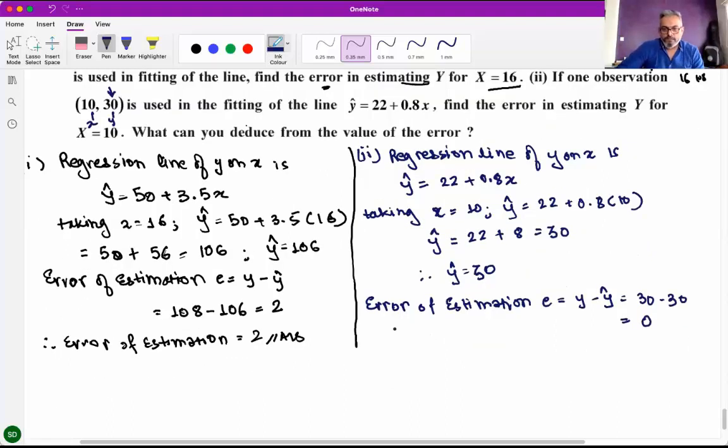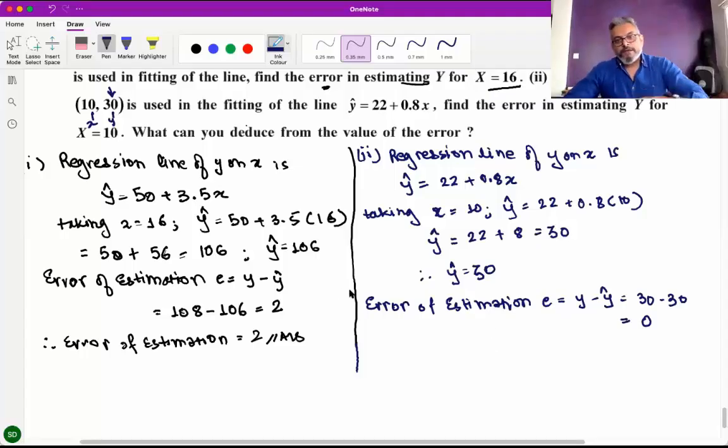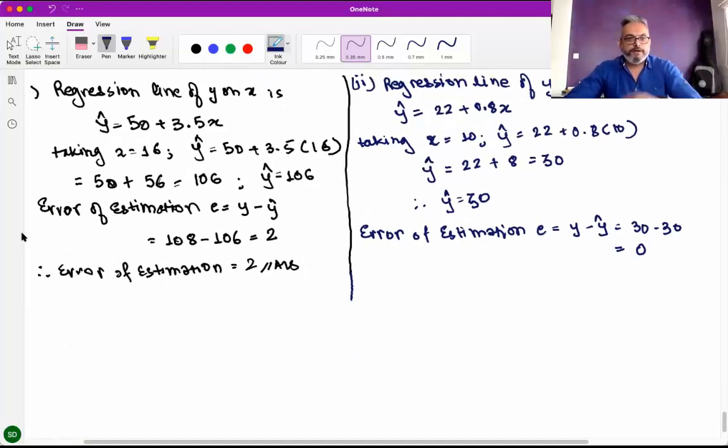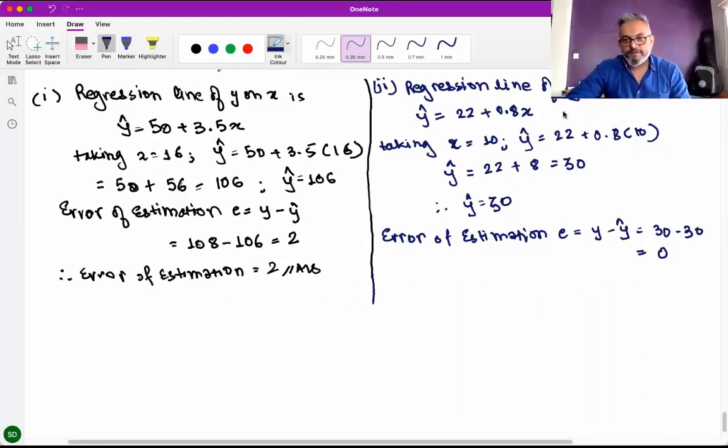So now let's write what we can conclude from this. First, let's see this one, okay? First one, then we go for the second one and we conclude.